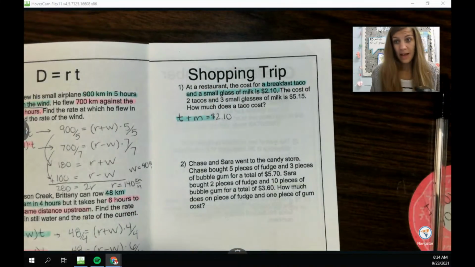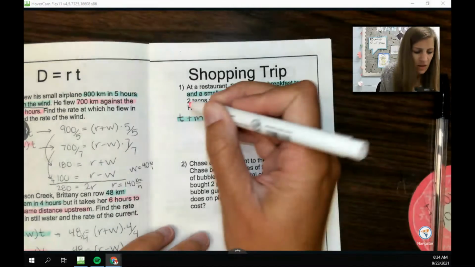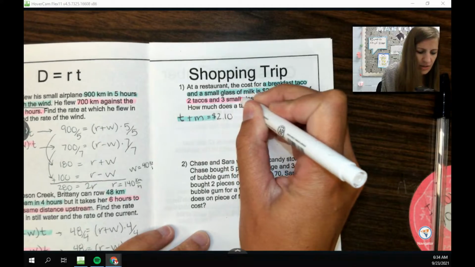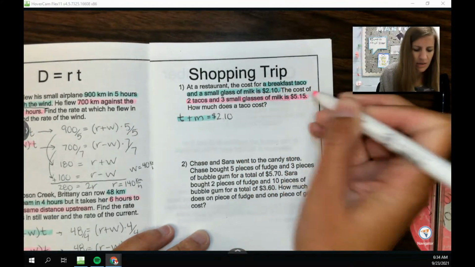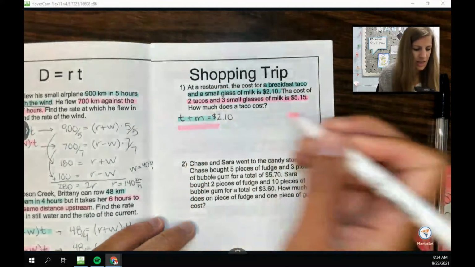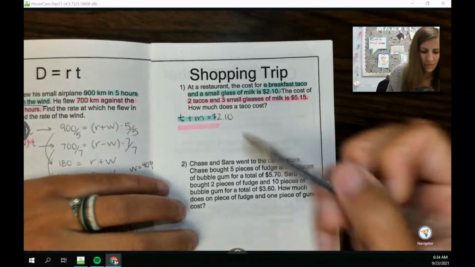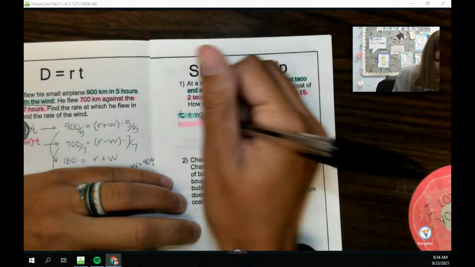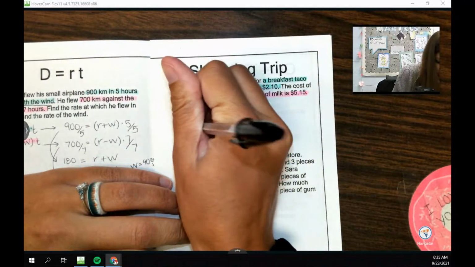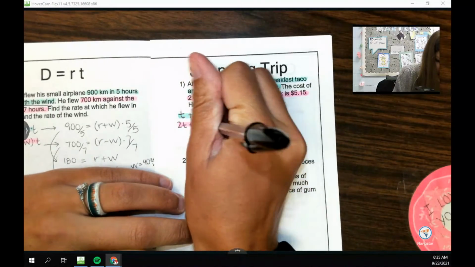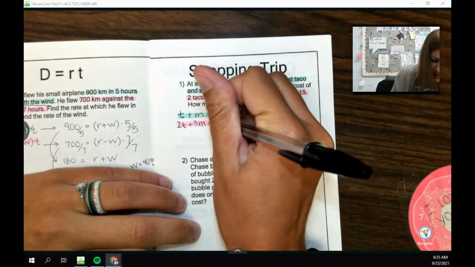And then next time I go, or maybe at a different table, the cost of 2 tacos and 3 small glasses of milk is that $5.15. So now 2 tacos and 3 glasses of milk is $5.15.